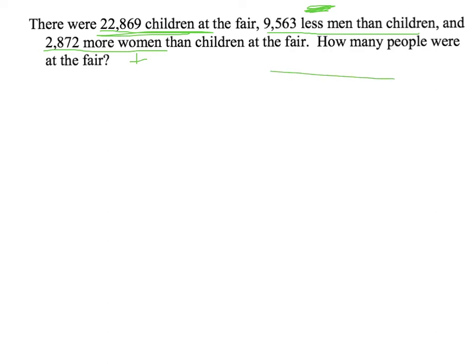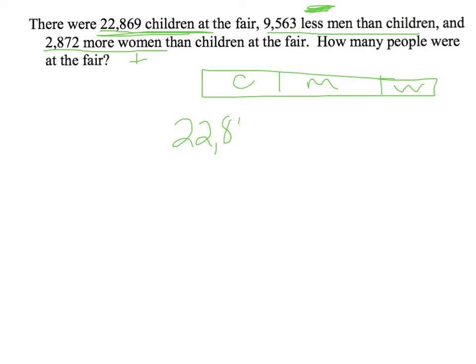Well, I know if I draw my tape diagram that my tape diagram is going to have 3 parts: children, men, and women. Okay, so when I look at those 3 parts, I know what children are. I know that children are 22,869. That's going to stand for my children. My men. Well, I know my men are 9,563 less than my children.